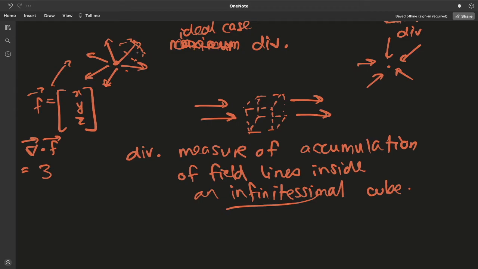That's why there's more strength of the vector field on the farther side of the cube than the inner side, and that prevents the divergence from being 0, although there's no source or sink per se, as in these two ideal and non-ideal cases.